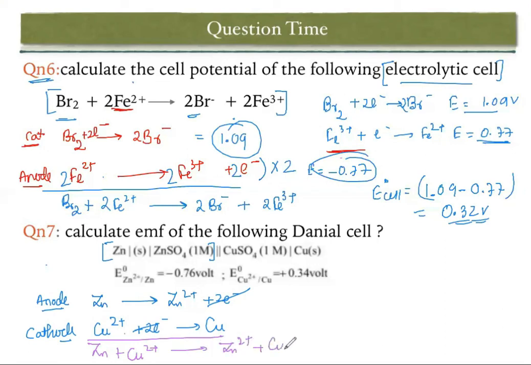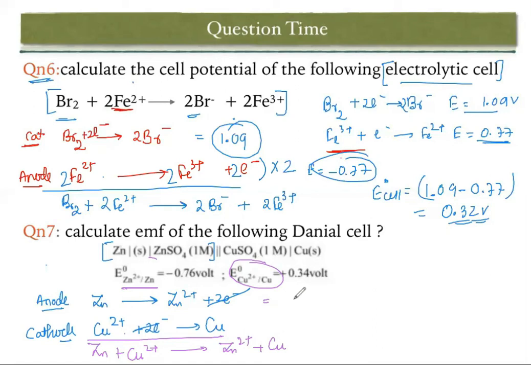Now, the reduction potential is given. So you can do reduction potential of the cathode minus reduction potential of the anode, or, as we have changed the reaction, reverse it.